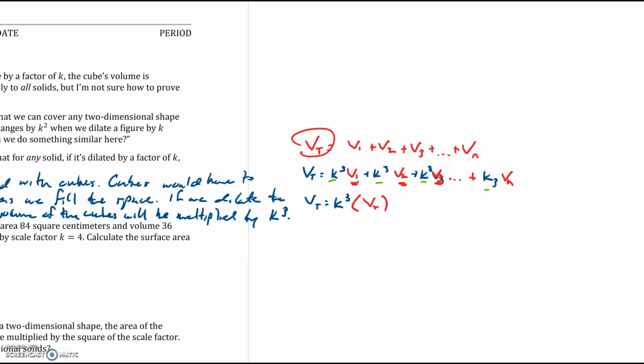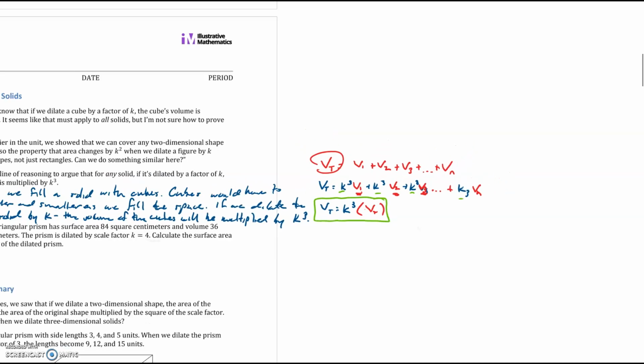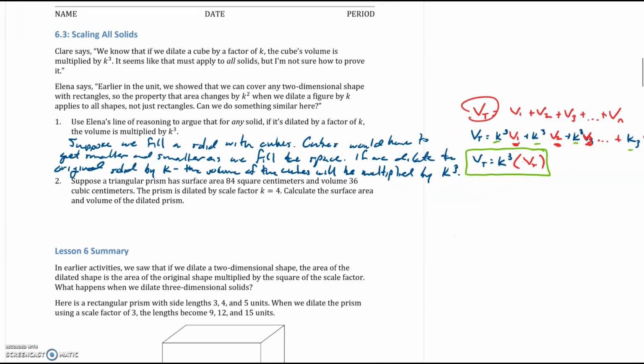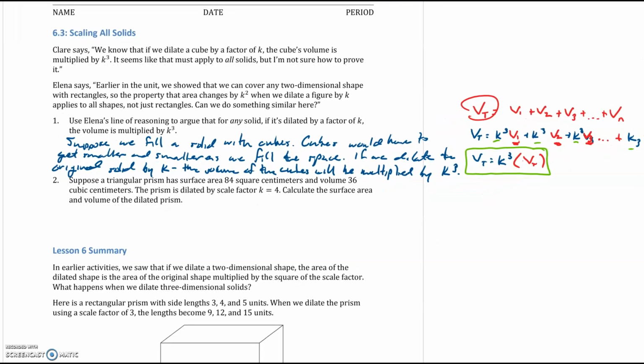So recognize that if we do a problem like this where we have some unknown solid and we want to figure out the volume, if we just take the volume that we start with and multiply it by the scale factor cubed, we should get the new volume.